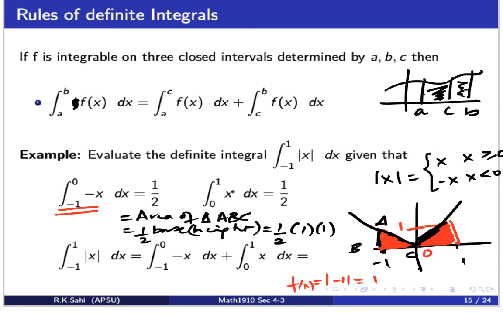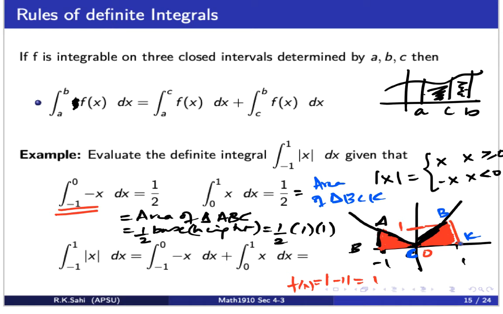Similarly, the area from 0 to 1 of x dx. Here, I'm going to use a different marker, the area of the triangle, say B, C, and K. Again, it is half base into height.